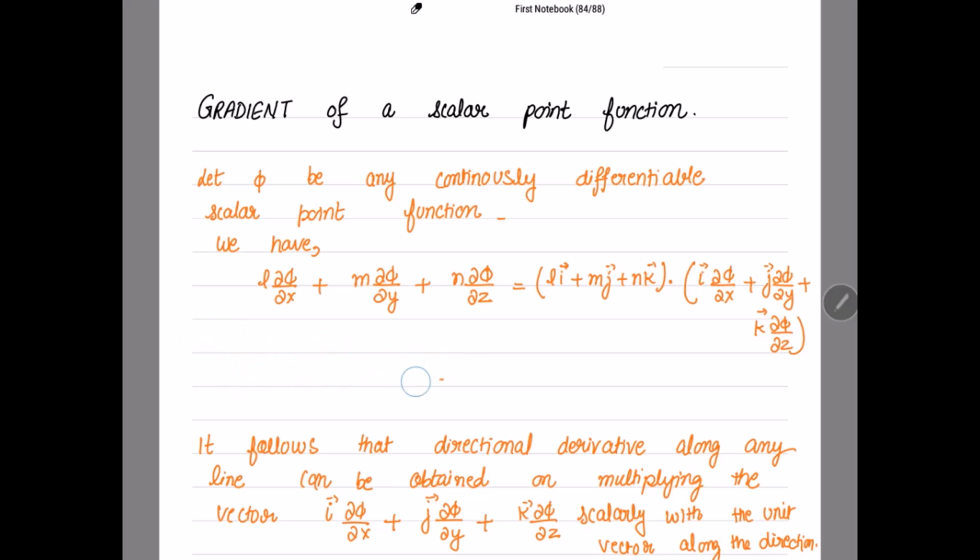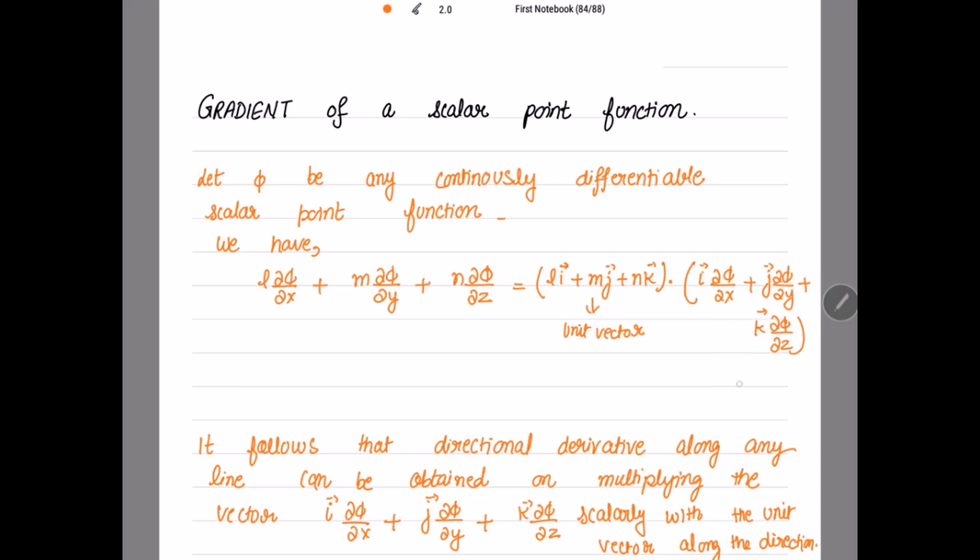So this directional derivative along any line can be written as the dot product, or scalar product, of these two vectors, where the former is your unit vector, which is dotted with the second vector. Now this second one will be your gradient.